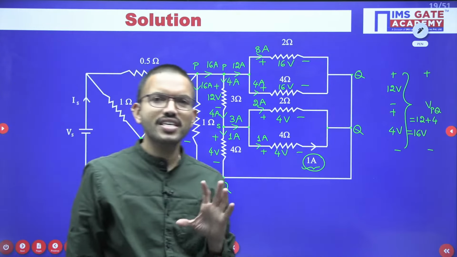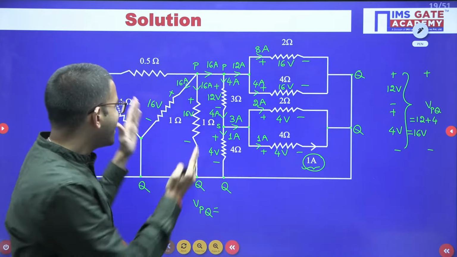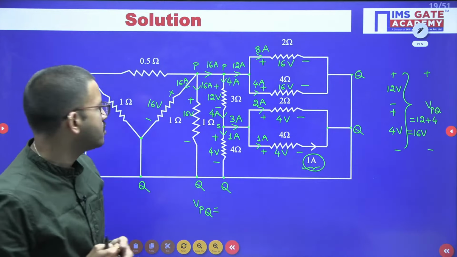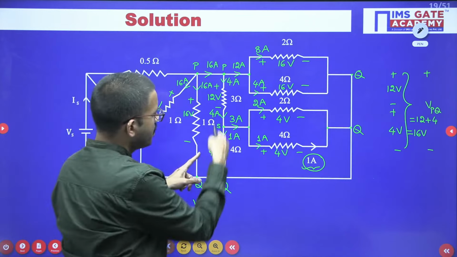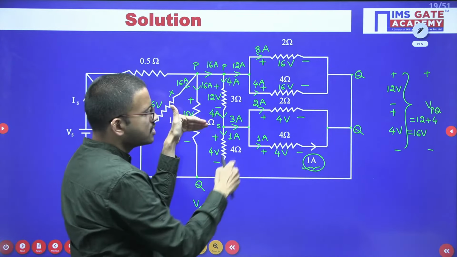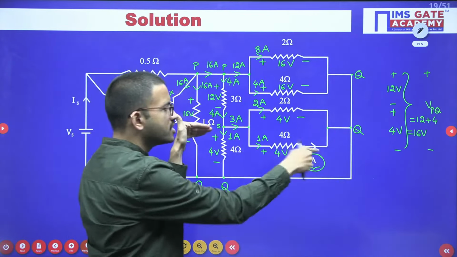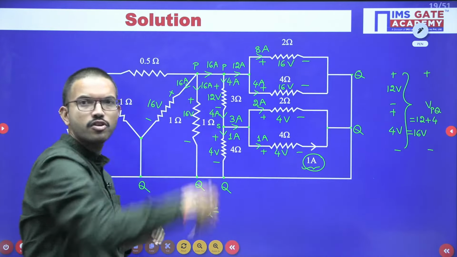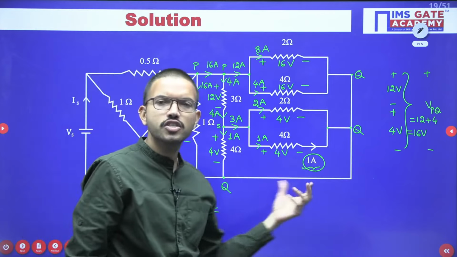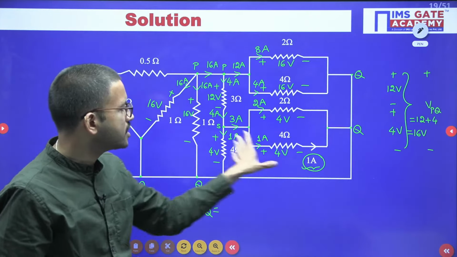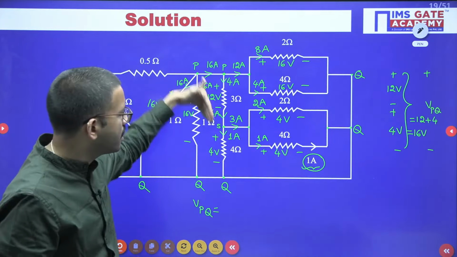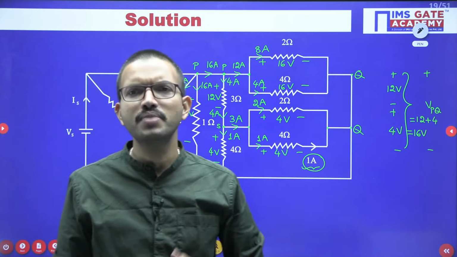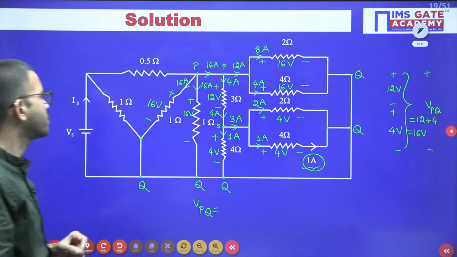Whenever resistors have equal value and are connected in parallel, obviously the same current will flow. Just like here, between S and Q, a 4 ohm resistor, between S and Q, a 4 ohm resistor. If 1 ampere flows in this resistor, obviously in this resistor 1 ampere will flow, because in parallel, voltage should be the same. If voltage and resistor value are the same, the current through the equal resistors connected in parallel will be equal.